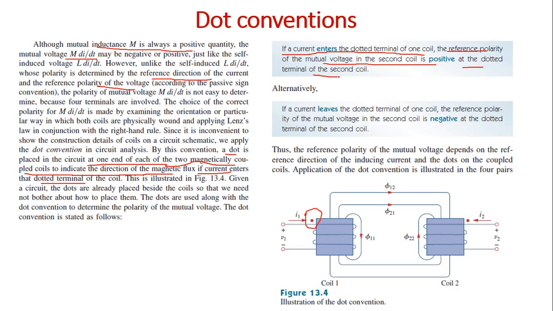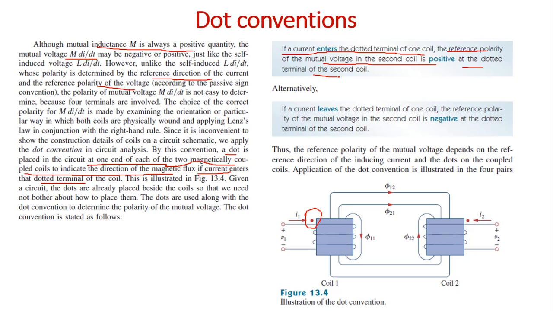Let us say in coil 1 the current enters the dotted terminal. In coil 1 we place a dot either at the top or at the bottom. When the current enters the dotted terminal of one coil, in the second coil also a dot will be placed somewhere, at either one end or the other end. Wherever the dot is placed, that terminal is positive. Okay, so this is the rule.